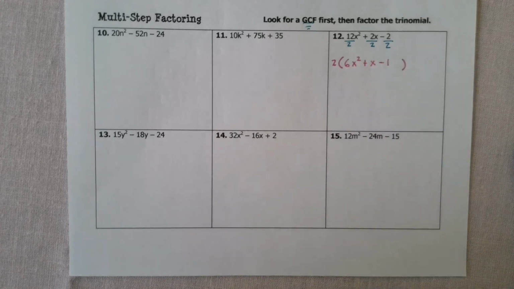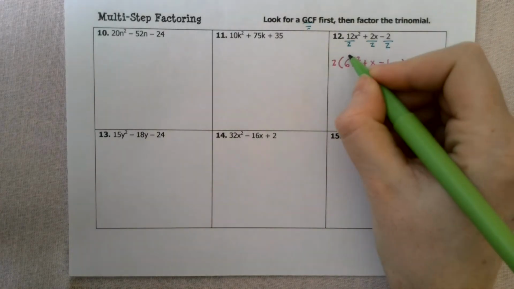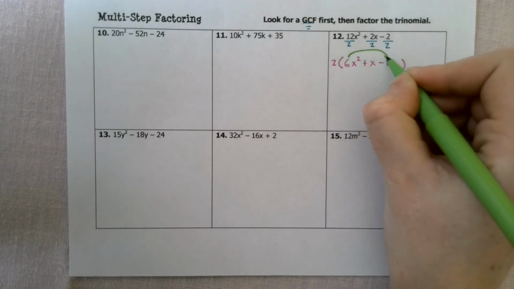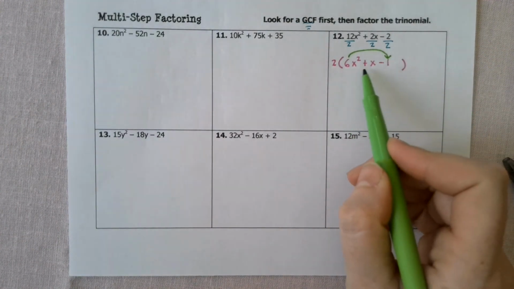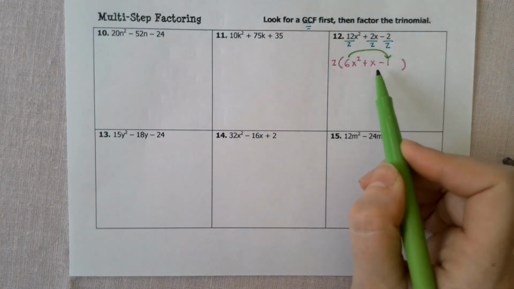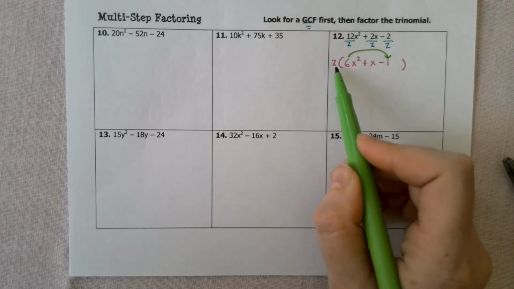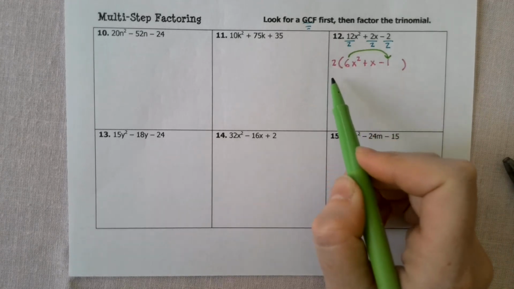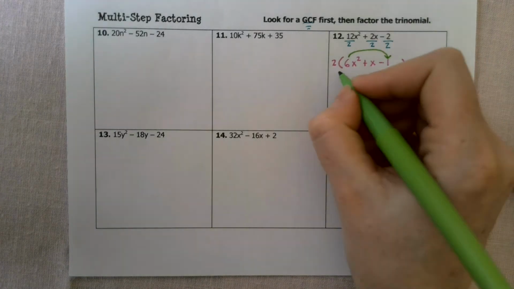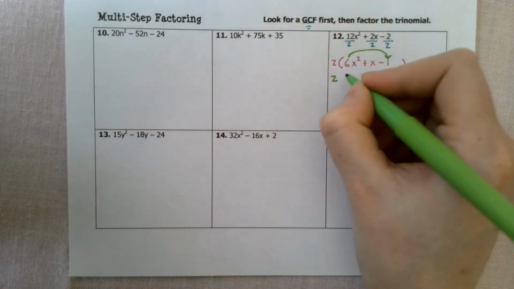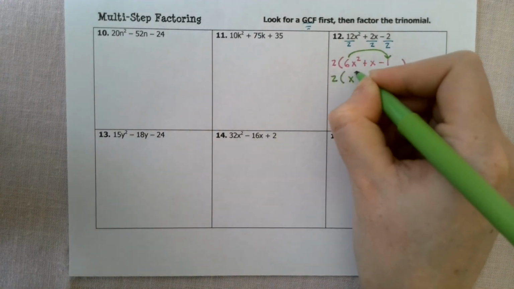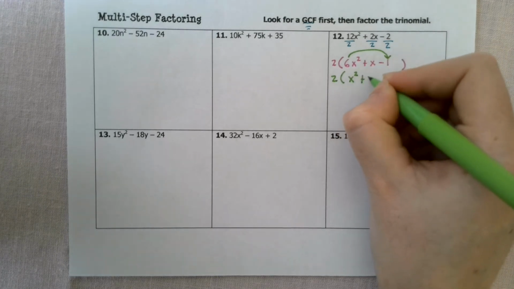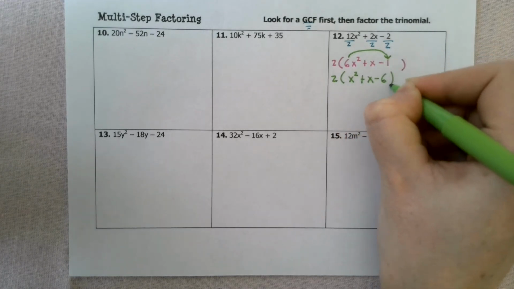Alrighty. So now we're going to do exactly what we did before. We're going to multiply our A times our C. Now we are only working inside this parentheses, okay? Do not use this 2 anymore, but you are going to continue to bring it down. So we're going to bring down the 2. We're going to have x parentheses x squared plus x minus 6.